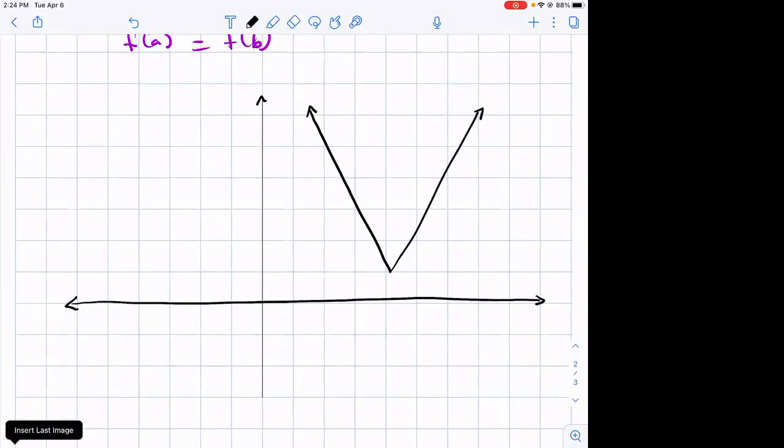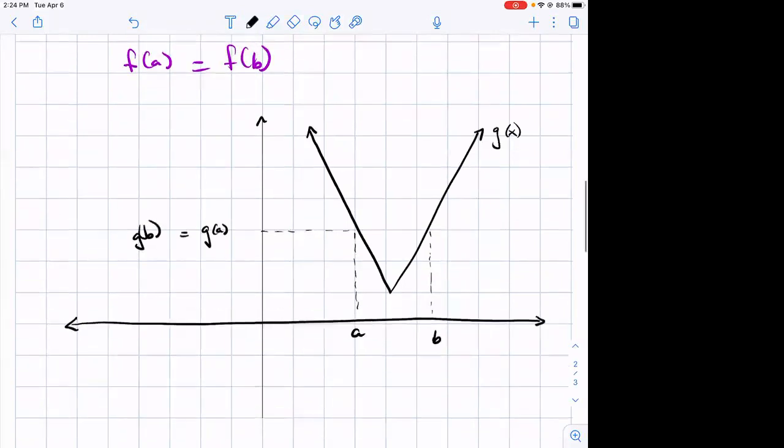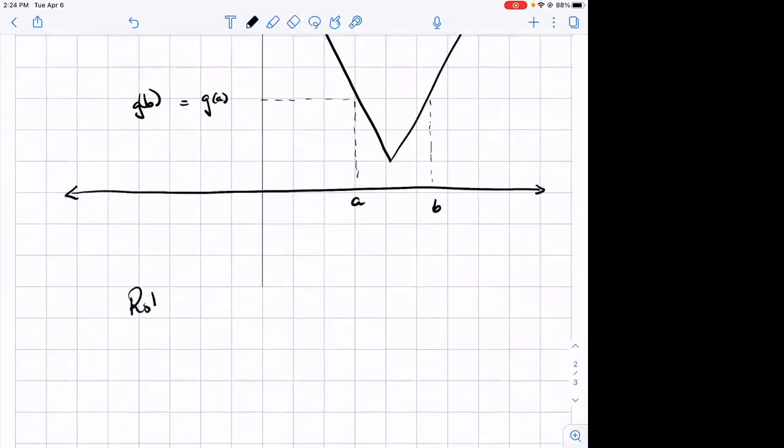So let's say this is A, and here is B. This is the function g of x. So obviously g of A, and this same point is going to be g of b also, right? So please tell me why Rolle's theorem doesn't work here. Why?